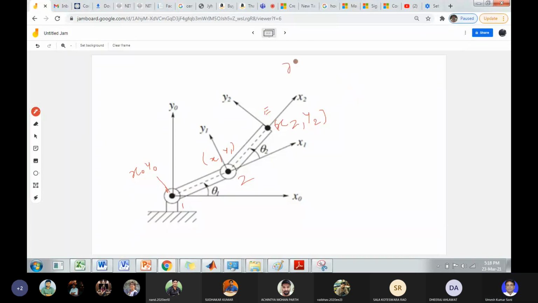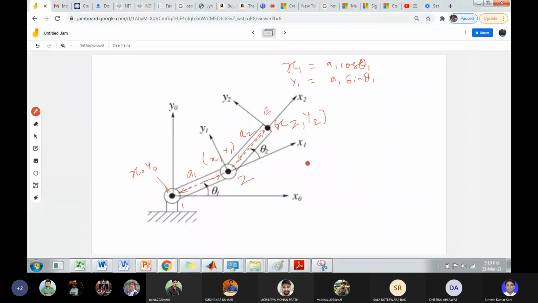So x1 equal to the coordinate of first joint. सर इसमें लेंथ नहीं दिया हुआ है। A1, A2, length is A1 A2. ओके सर। Okay, so x1 equal to A1 cos of theta 1. Okay, y1 equal to A1 sin of theta 1.